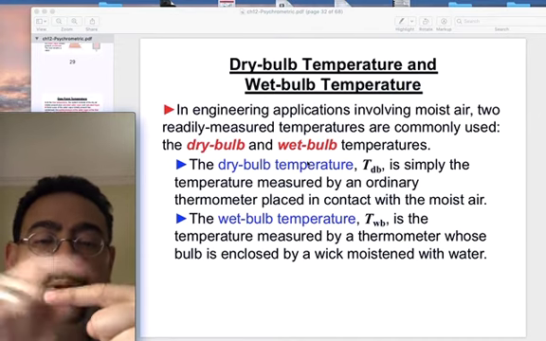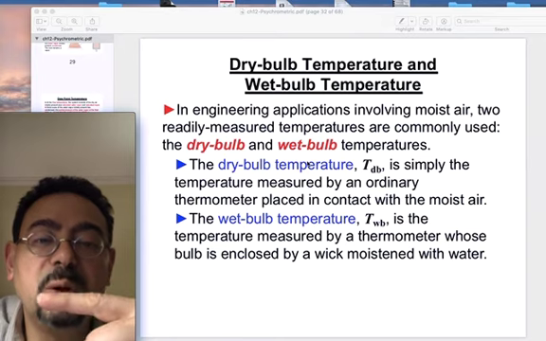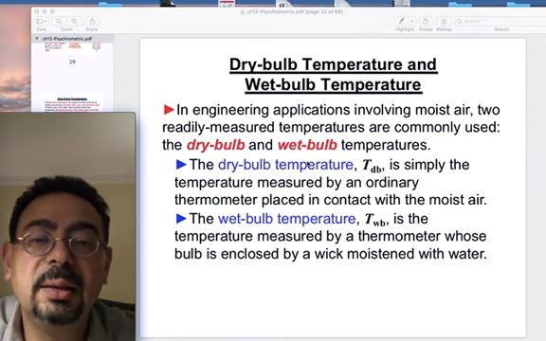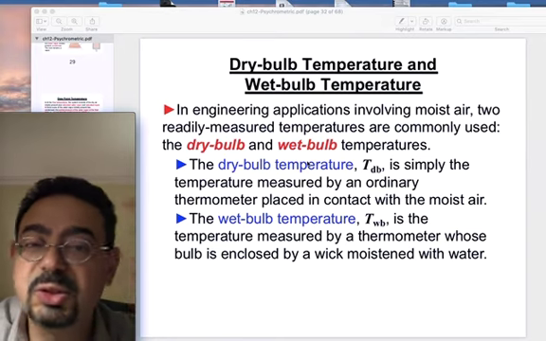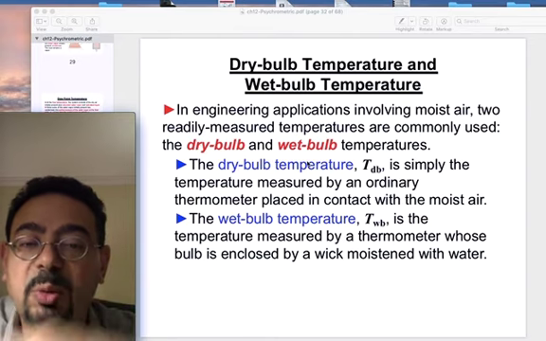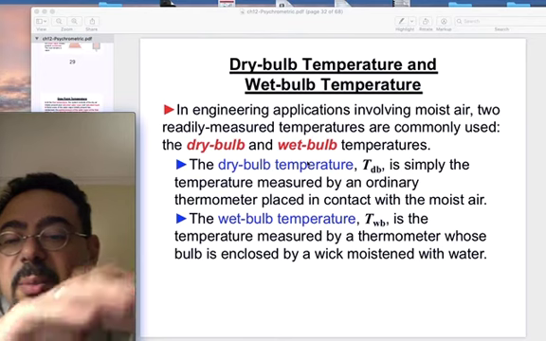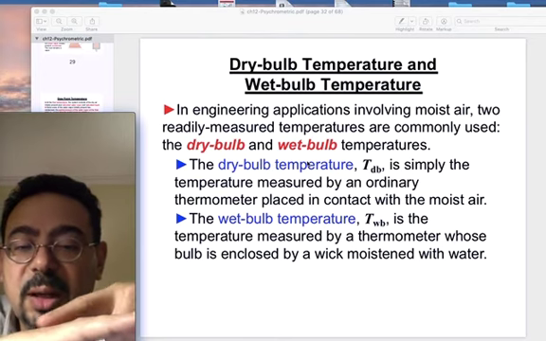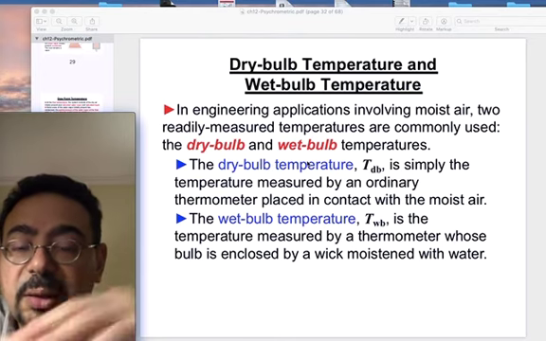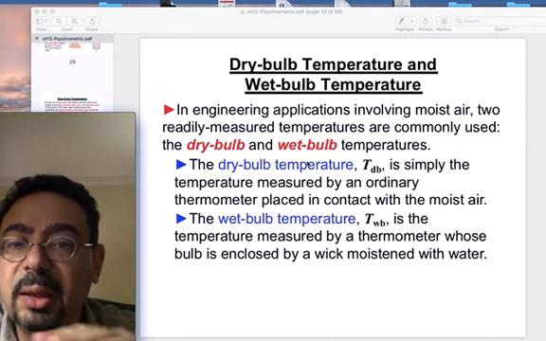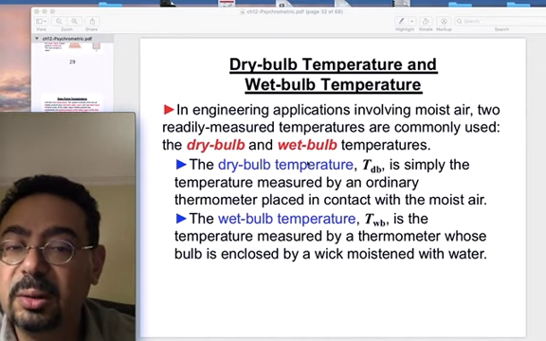So the thermometer that has a cloth on it will measure a lower temperature than the one that is just a regular thermometer in the air. And that's what we all experience in the summer when we get a little bit of sweat on our skin. That sweat, when it evaporates, makes us a little bit cooler, right? And how cool?